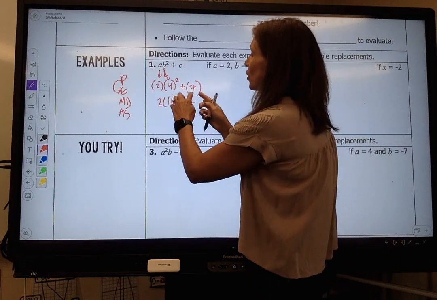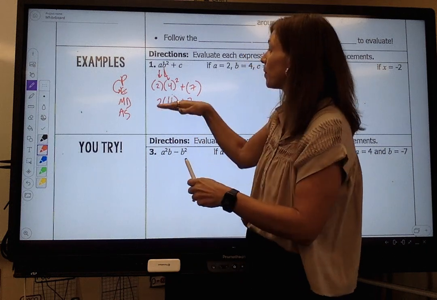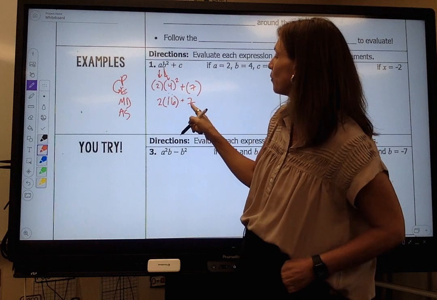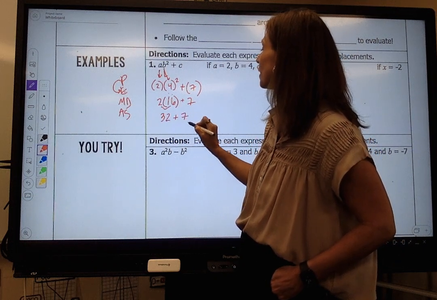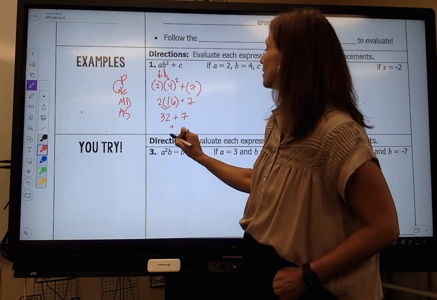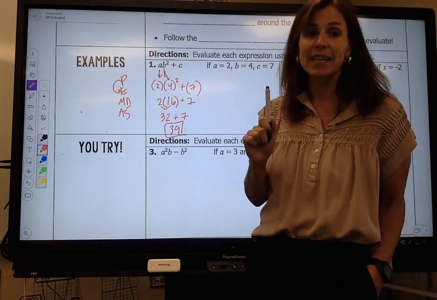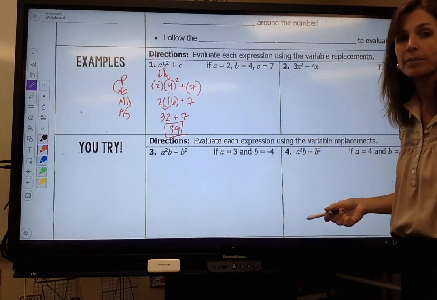Since nothing's changing, after my setup, I can drop those parentheses because it doesn't affect it. But the setup needs to include it. And now I'm going to multiply before I add. So 2 times 16 is 32, plus 7. 32 plus 7 is 39. Okay? So take a second to do your setup, maybe pause it, and then see if it looks like mine.